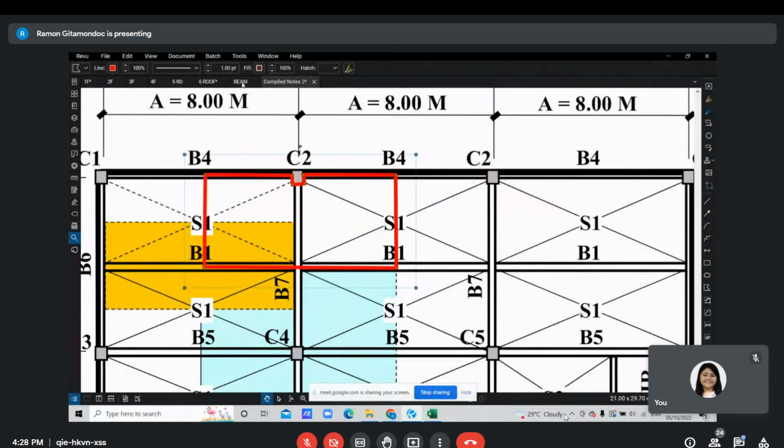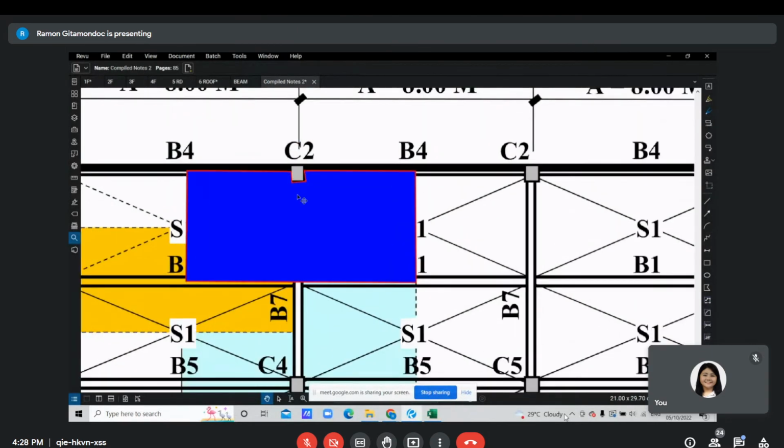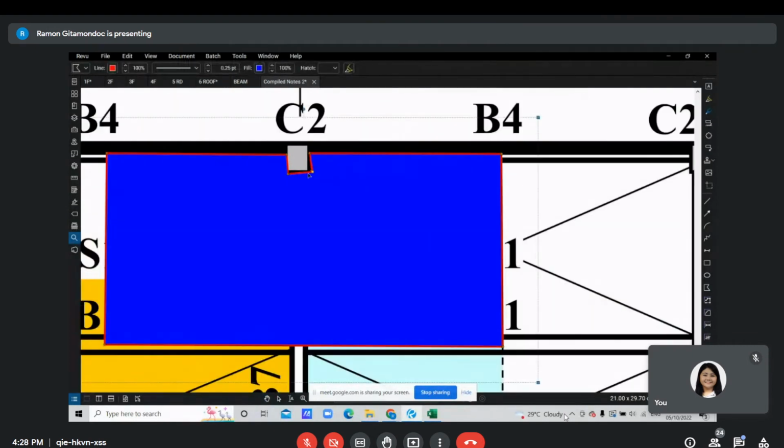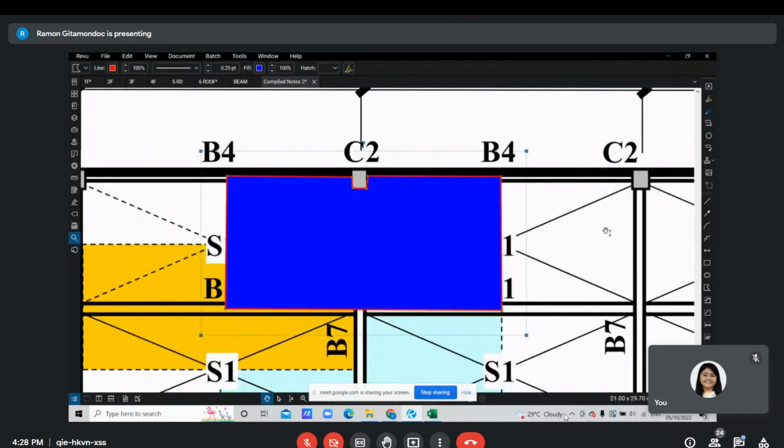The same goes for your tiled floor and your ceiling, and for the live load, the same area is involved. So that gives you the principle here.